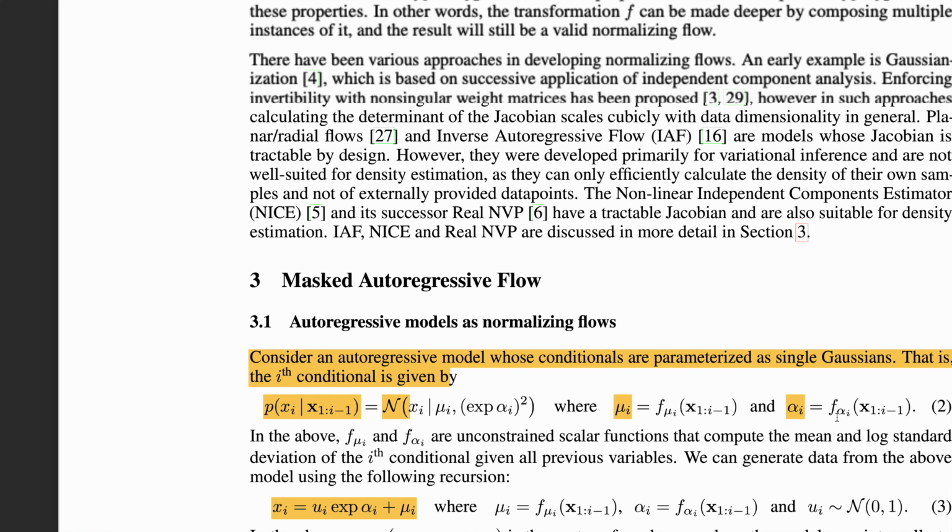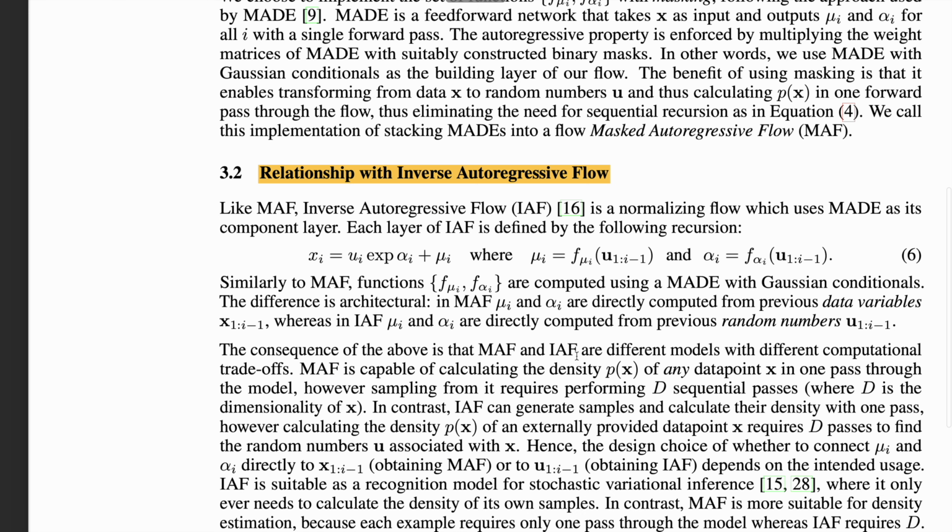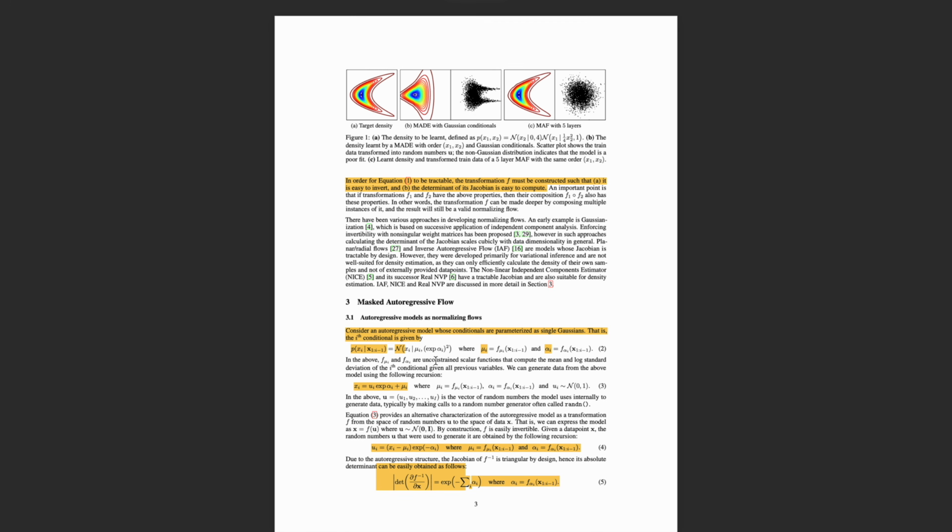Let's come back to that in a moment. Basically, because of the structure of this autoregressive model, because the output i only depends on all the inputs with index below or equal to i minus 1, if you create the Jacobian matrix, it's a lower triangular matrix, and therefore computing the Jacobian is straightforward. It's just the product of the diagonal terms, by construction.